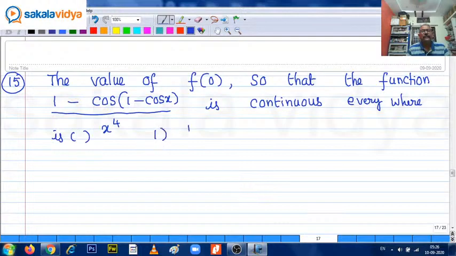First option is 1 upon 8, second option is 1 upon 2, third is 1 upon 4, fourth is none.